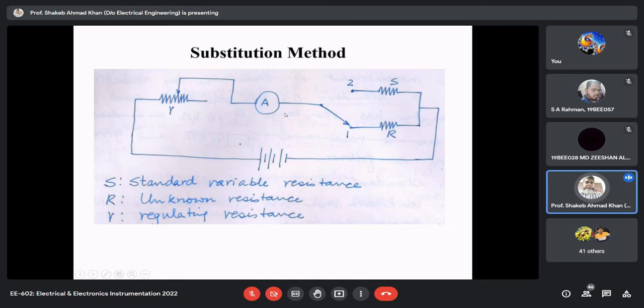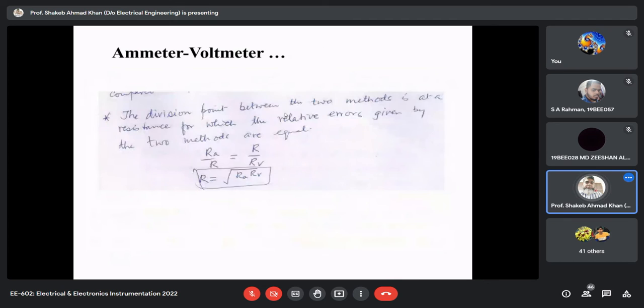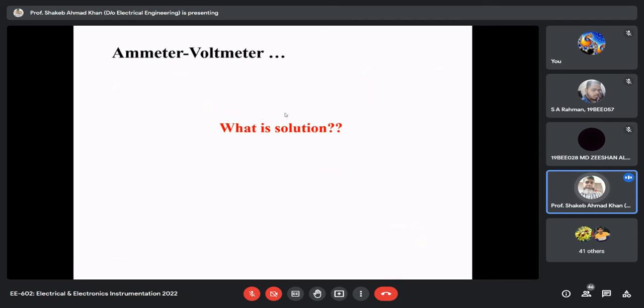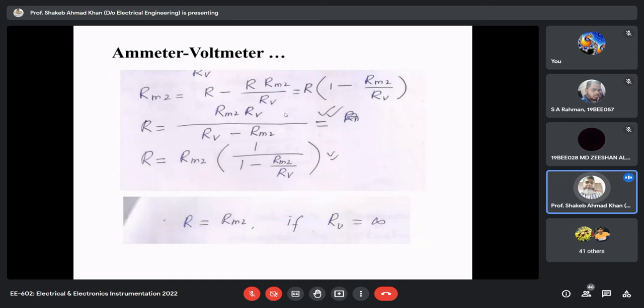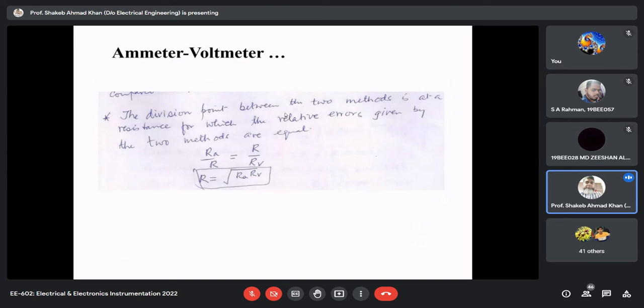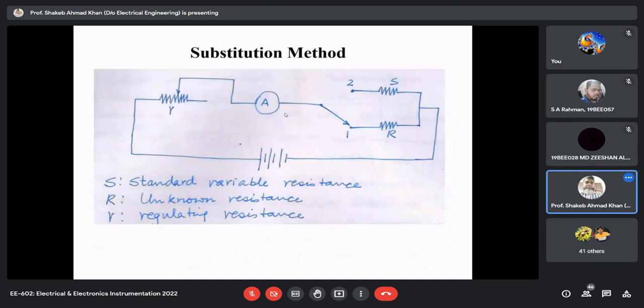So obviously whatever issue that was present in this method, it won't be there. So substitution method is considered better than your voltmeter-ammeter method in any sense. Even if we are talking about the instrument error also.